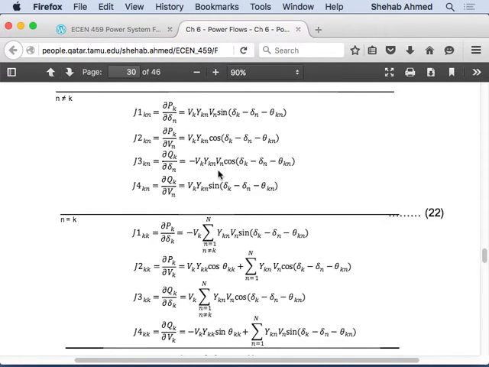Here everything is written in polar form, so the voltages and impedances are in polar form. So Ykn is the impedance magnitude, and theta kn is the impedance angle, right? And Vk and Vn are the voltage magnitudes, and their angles are delta k and delta n, right? They wrote them for you in polar form.